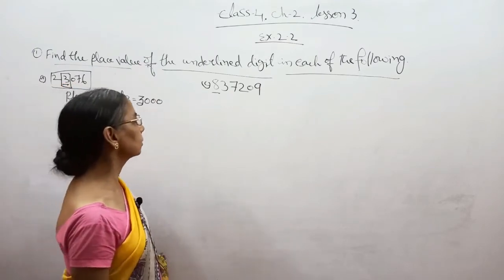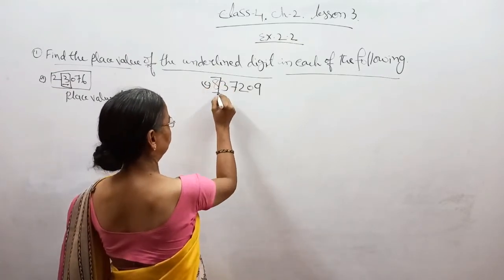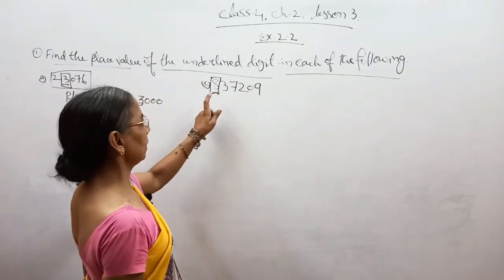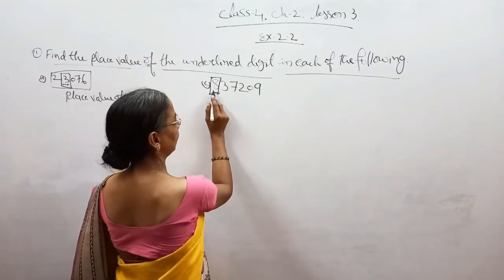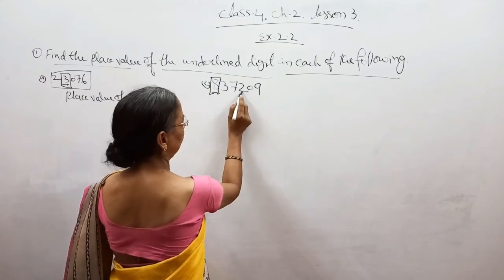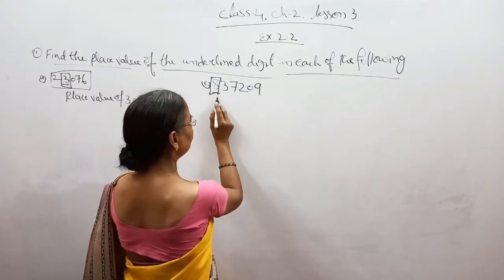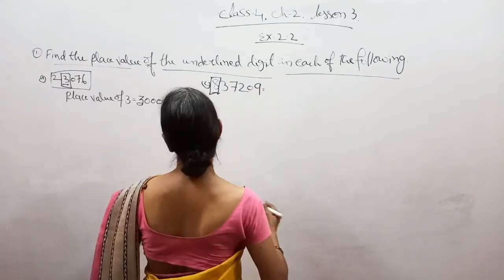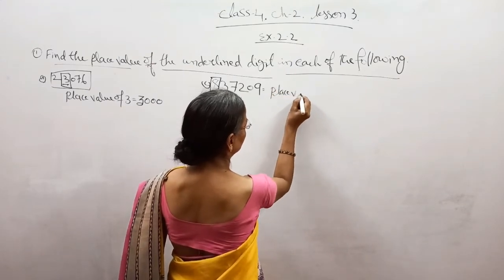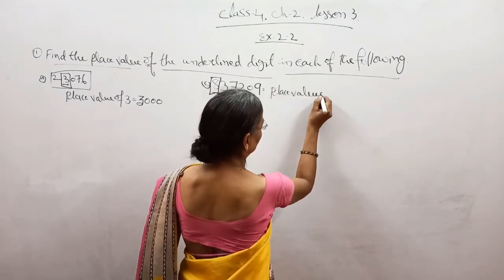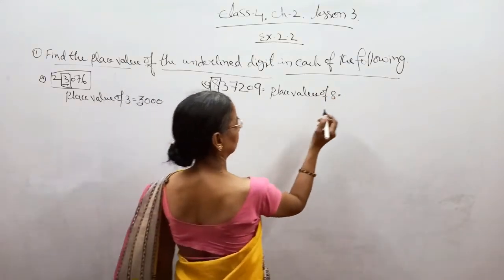And in question number C, the 8 will be underlined. In this, 8 is in which place? Ones, tens, hundreds, thousands, ten thousands, and it is lakh. Lakh means we have to write in the same way, place value of 8 equals, simply write 8.